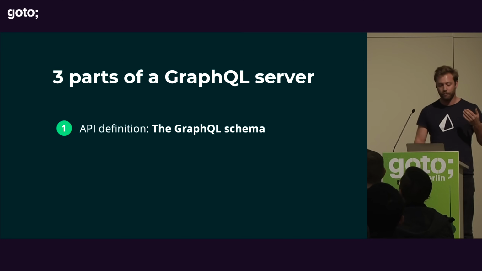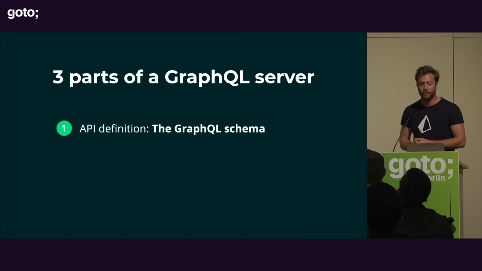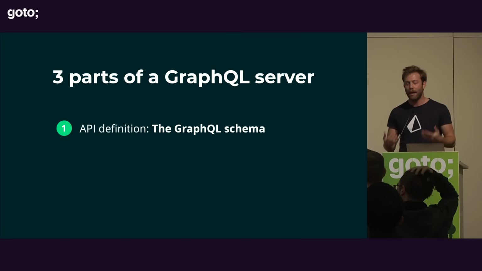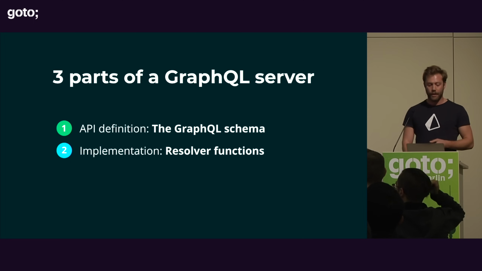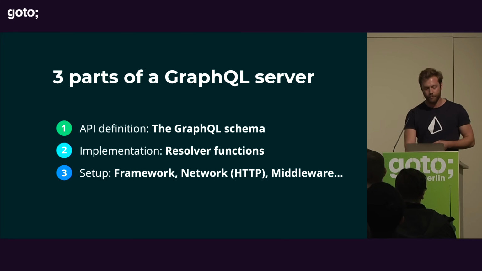And no matter which programming language you're using, you'll always find these three parts for your GraphQL server. First, you have the API definition, which is the GraphQL schema. Then you have the concrete implementation, which are called resolver functions. And then you have the setup for this.